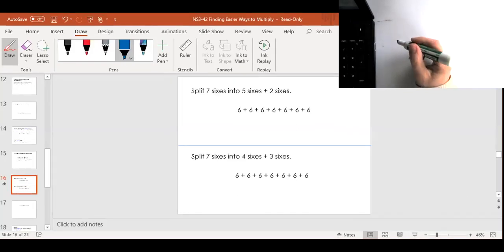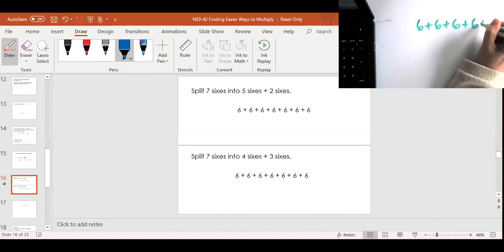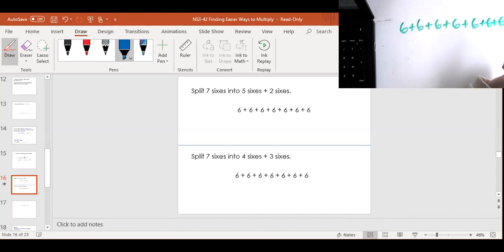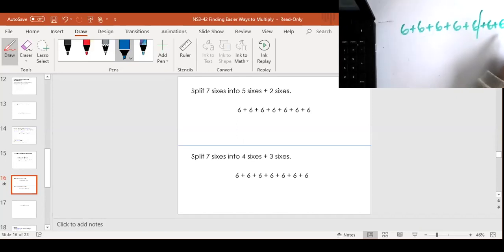So they've got the 7 6s, 1, 2, 3, 4, 5, 6. I need one more. I'll put it over here. 1, 2, 3, 4, 5, 6, 7. And I'm going to split it into 5 6s and 2 6s. 1, 2, 3, 4, 5, and then 2.